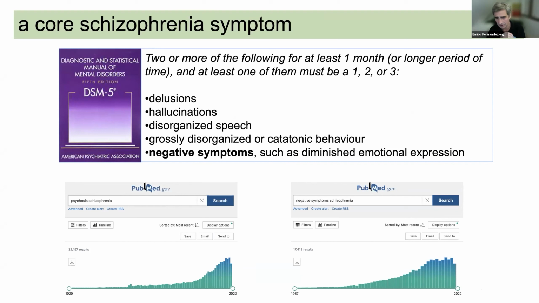And as you can see on the bottom, whereas the interest in negative symptoms has always been smaller than in positive symptoms, there's a gradual increase over the last 5-10 years in trying to understand what negative symptoms are and how we can address them.